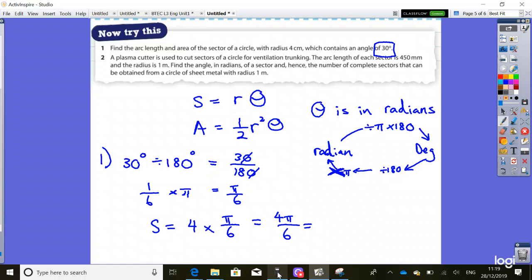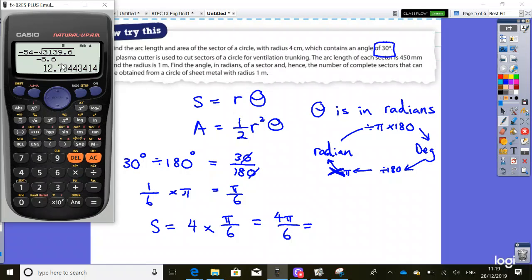If you put it in the calculator, I can never remember how to do that. How do you change it into radians? I think it's shift and then 2.